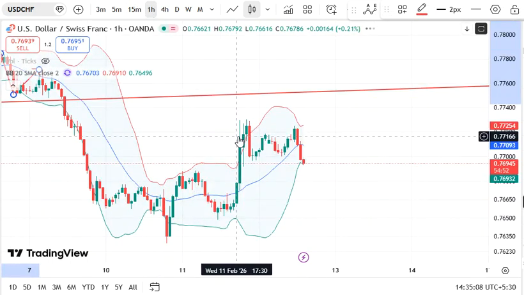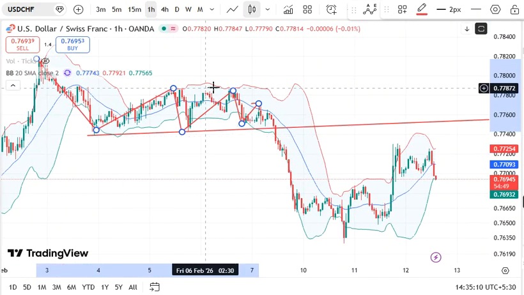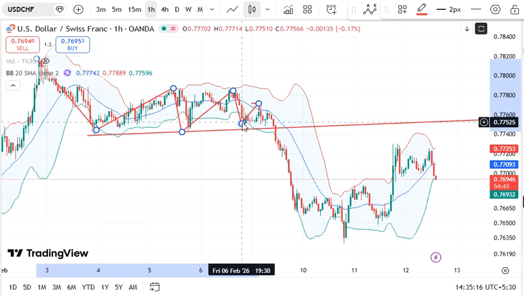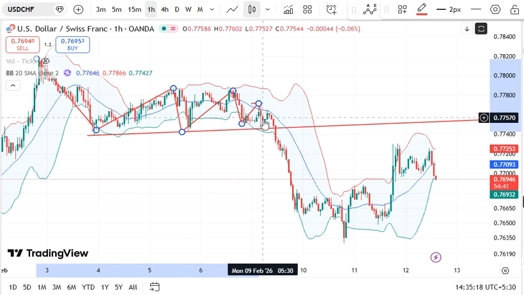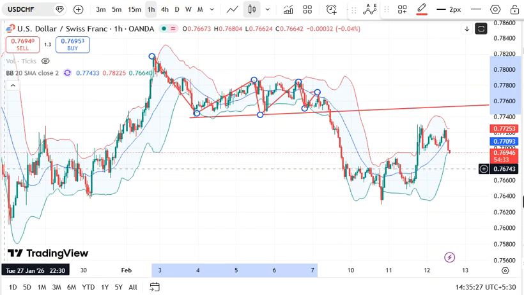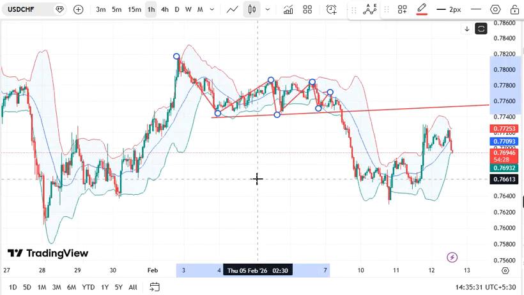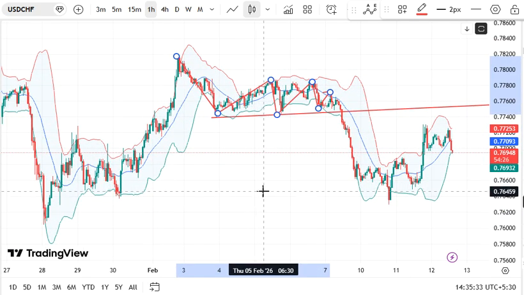On the hourly time frame, you can see that this is our first lower high, again lower low, again lower high, again lower low. So at this point, you could have shorted USD CHF, and as you can see, the previous support could be our target. This is 0.766.